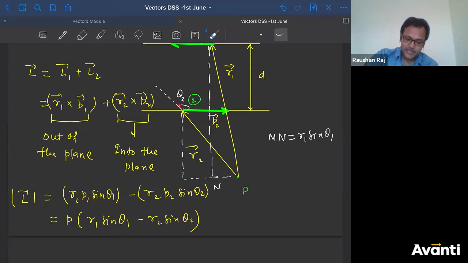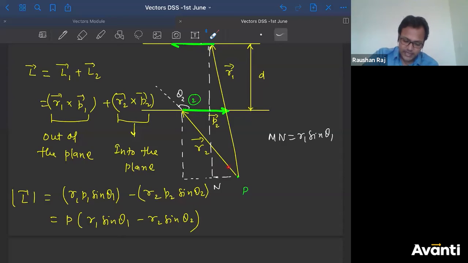So if this is theta 2, can I say this is pi minus theta 2? Got it? So similarly, if this yellow line is R2, I can say this will be theta 2. Right? Pi minus theta, whatever it is.